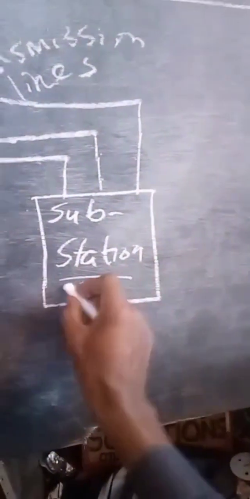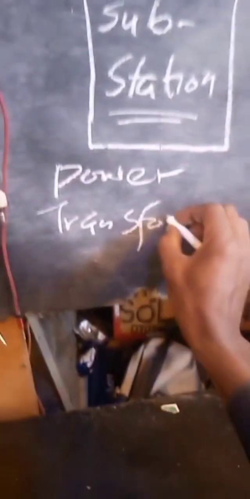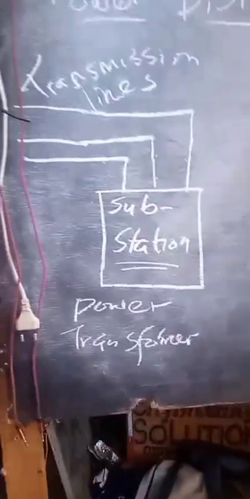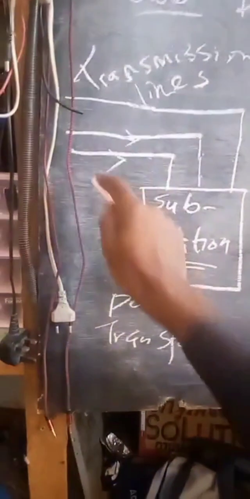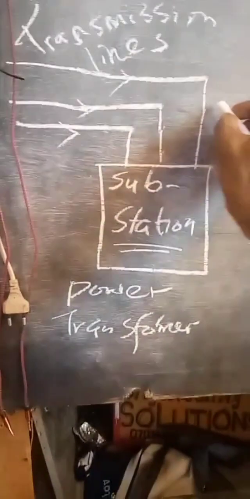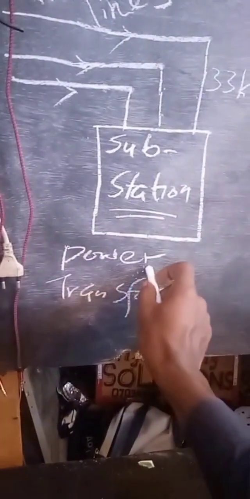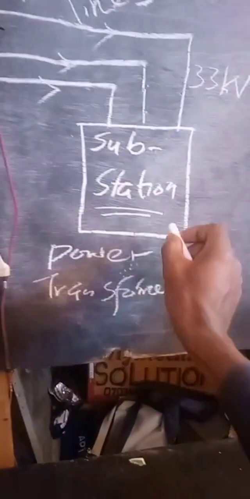Then from this substation here I should have one big power transformer, like that. So these are incoming lines from the grid, maybe let's say that 3 kV. So this power transformer transforms voltage and also current.